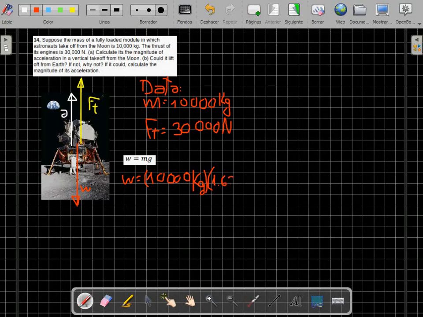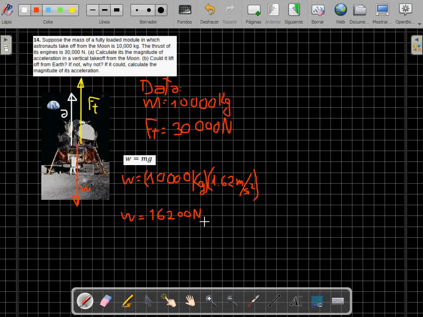So the weight of the module is equal to 16,200 newtons. Don't forget that you have to multiply the numbers and also the units, and kilograms times meters per square seconds is equal to newtons.